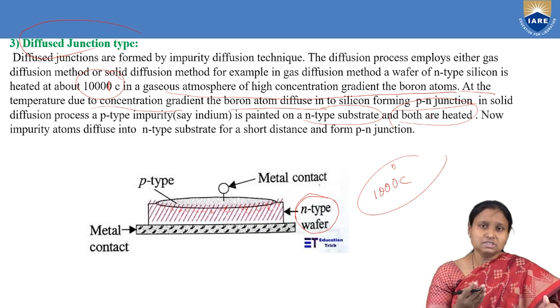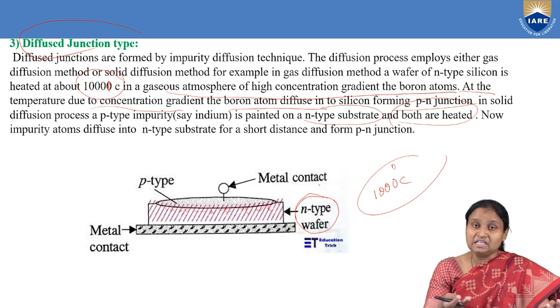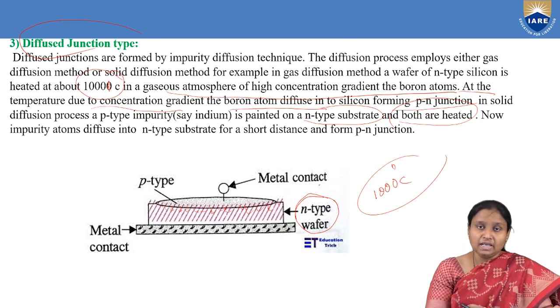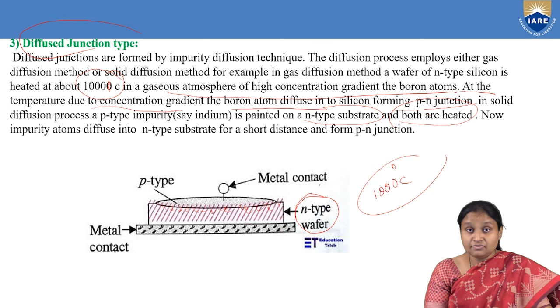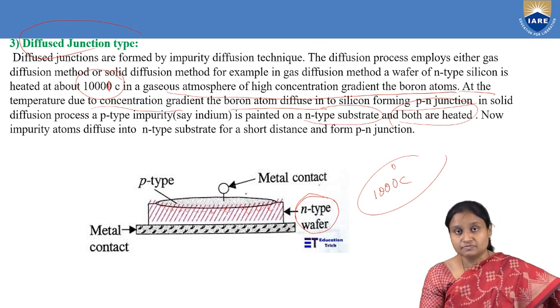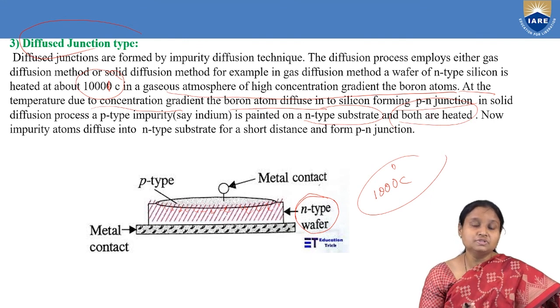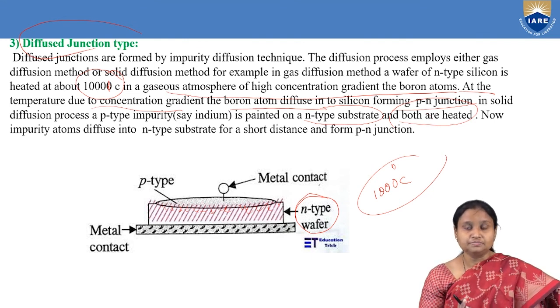Not in molten state, we can take it in liquid state, or we can also take a material in solid form, and we are going to keep it on the N-type layer, and when we heat it, those trivalent impurities get diffused. Whereas here, diffusion of trivalent impurities takes place in gas form. So that is the difference between fused type and diffused junction type semiconductors.